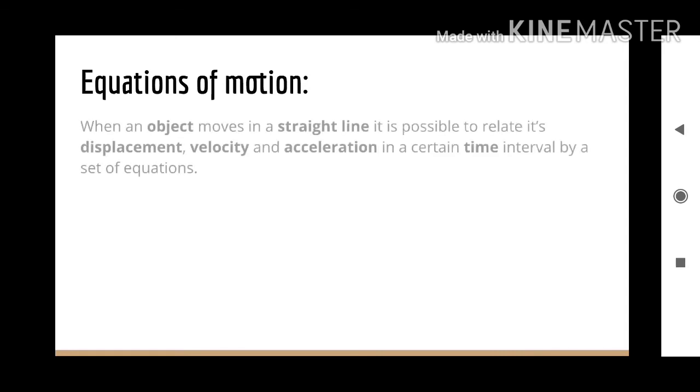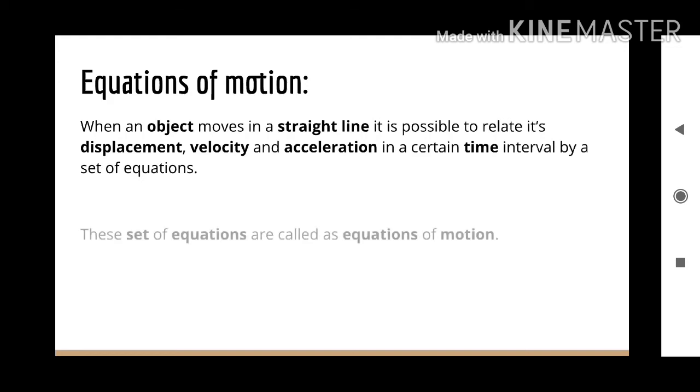When an object moves in a straight line, it is possible to relate its displacement, velocity and acceleration in a certain time interval by a set of equations. Although there are 5 to 6 equations of motion, for your syllabus there are only 3.